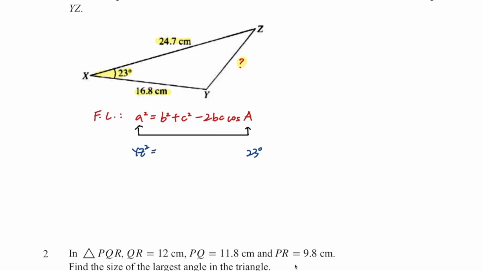Now for the other two sides, you can let any one of the two be B, and the other one will be C. For example, I let 24.7 be B, and I let 16.8 be C. You square them, add them up, then minus 2 times B, 24.7, C, 16.8, cosine 23.